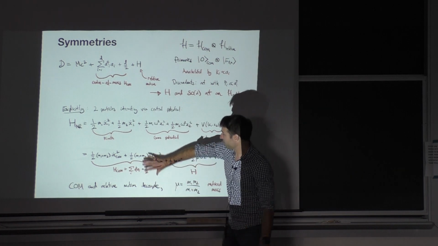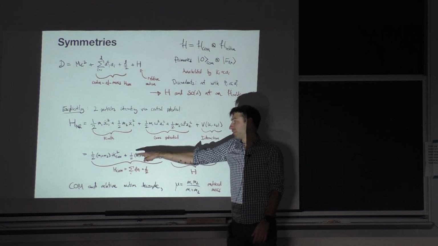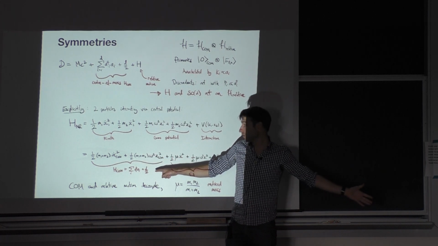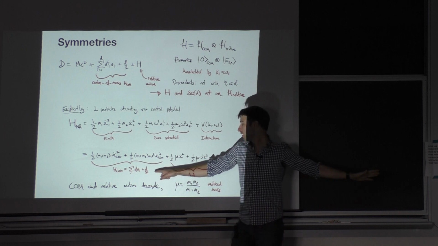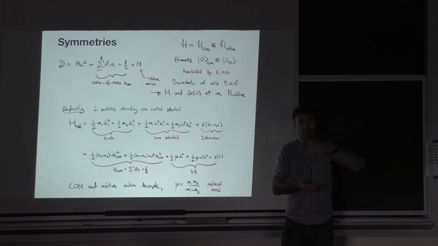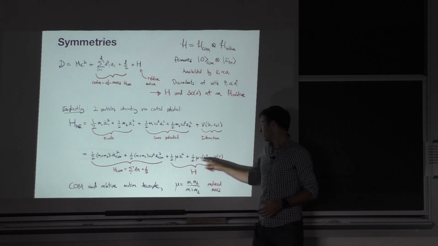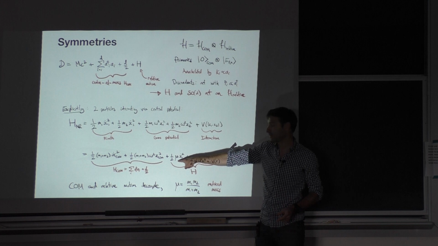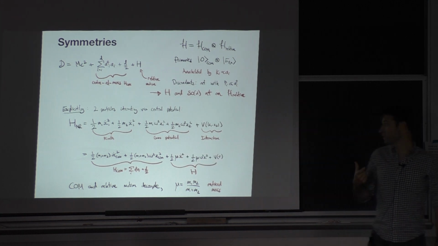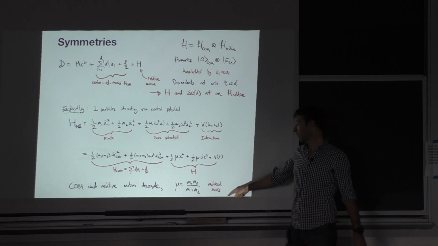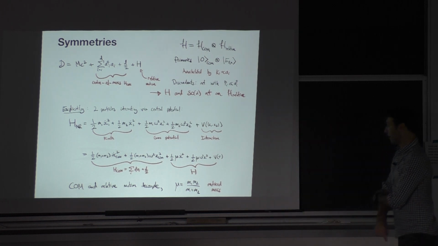So the Hamiltonian splits into a harmonic oscillator for the center of mass motion without any interactions, and then the relative Hamiltonian, which includes the interaction. And there's this slightly funny thing that the mass is replaced by mu, the reduced mass. Hopefully you'll recall this from your first mechanics courses.